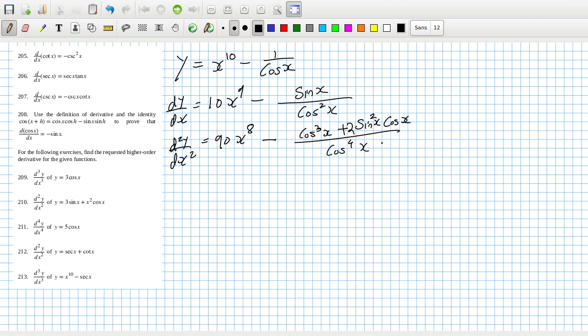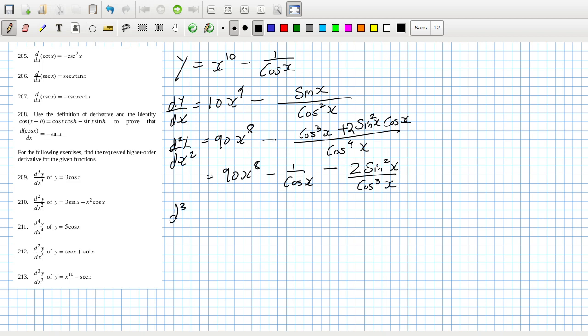So it's a square there. Now let's simplify this. So that's 90 x power 8 minus cos cubed over cos power 4. So that's cos x minus 2 sine squared x over cos cubed x.